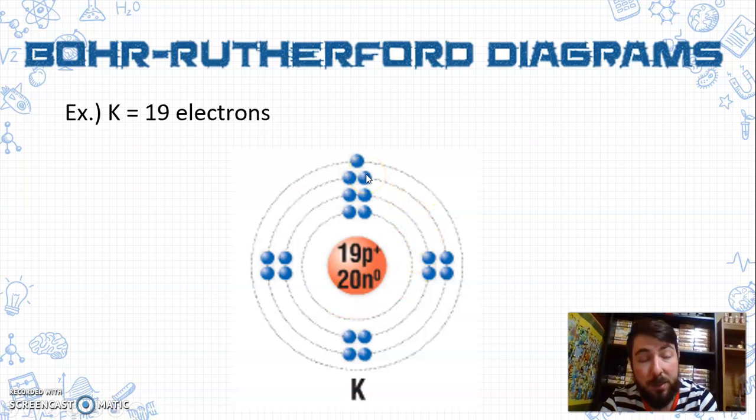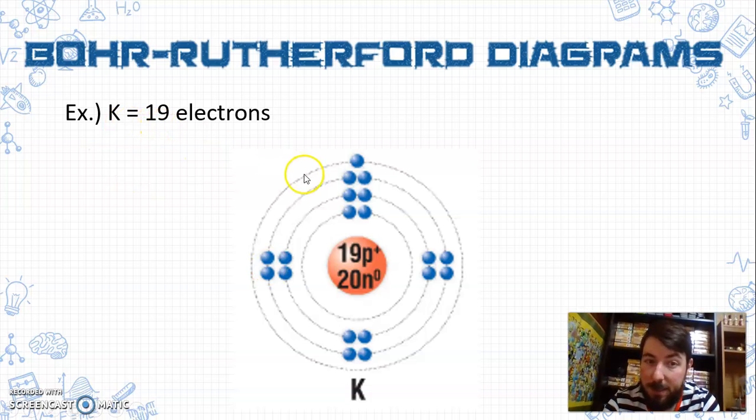Remember that third shell can only hold a maximum of 8 too. So 1, 2, 3, 4, 5, 6, 7, 8. So we've used up 2 plus 8 is 10, plus 8 is 18, but potassium has 19, so we need to add a fourth shell for that last electron.